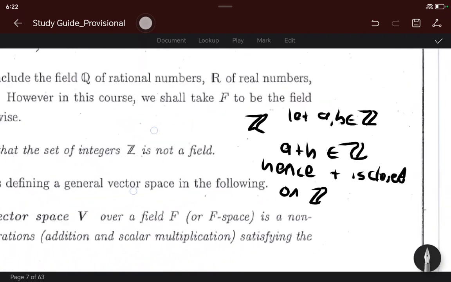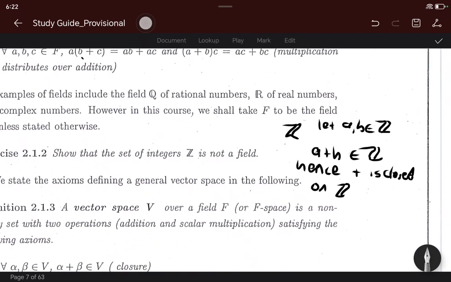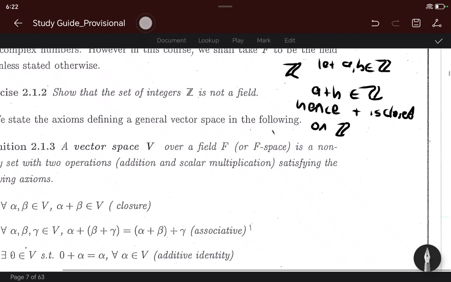So now we see that we have checked closure under addition, and then we check closure under multiplication. If I take these two and multiply them, after saying let a be an element of integers, we know that this will always be an integer. Even if I multiply both, this will always commute, and this is an element of integers.